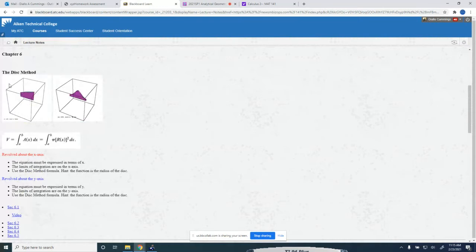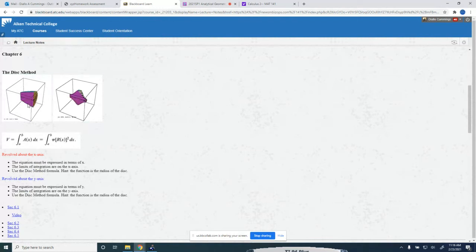In the MyMathLab course, it was chapter 6, but in this course, it's chapter 2. But we're going to talk about the DISC method, and I've provided an applet that shows what a solid of revolution is. If you take a look at this DISC method, basically we have some curve or some function, and we take that function and we rotate it, in this case, about the x-axis.